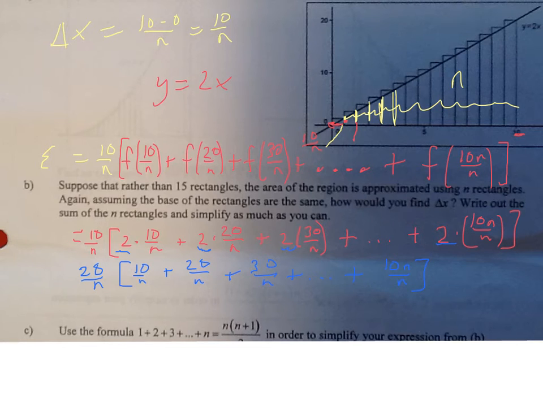Now, each of the terms also has a value of 10 over n involved with it. So if I factor that out, 10 times the 20 here would be 200. Now, if I'm factoring out an n in the denominator, I'd have n squared. I'd be left with 1 plus 2 plus 3 plus all the way down to n.